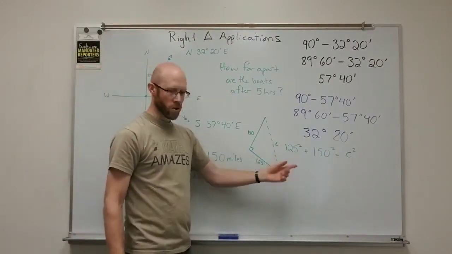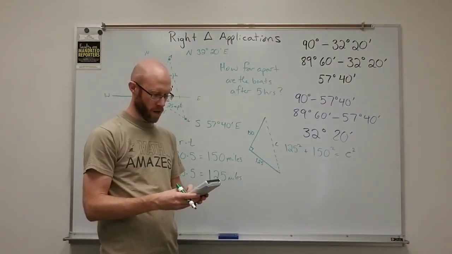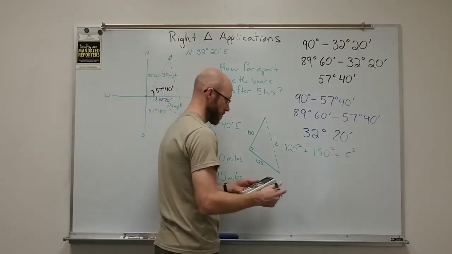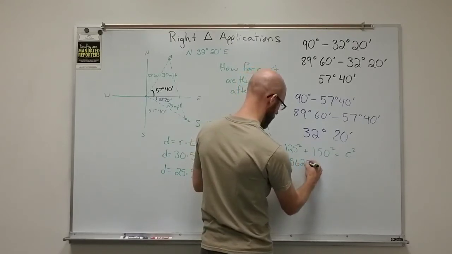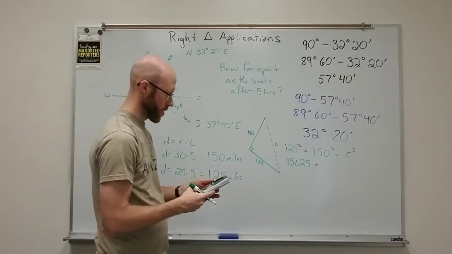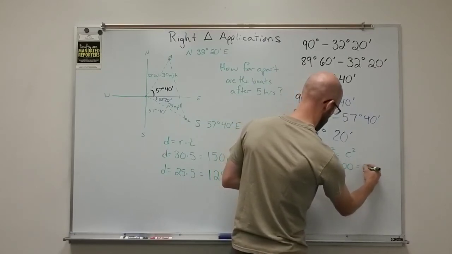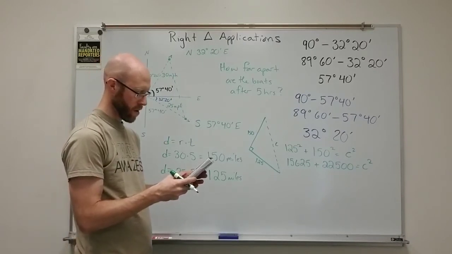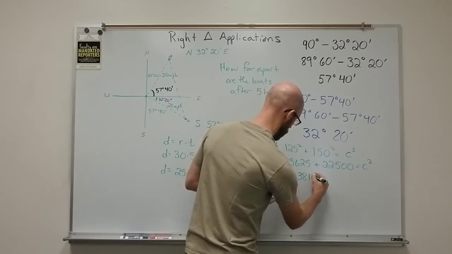And 125 squared, that one I don't know offhand, so I'm going to use my handy dandy calculator. 125 squared is 15,625. And I'm going to add to that 150 squared, which is 22,500. When I add those together, I get 38,125.